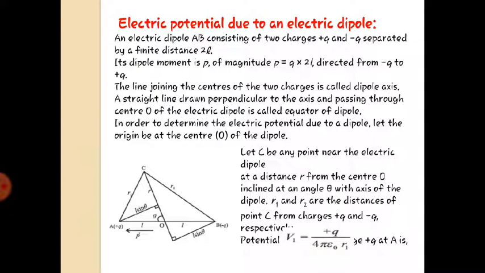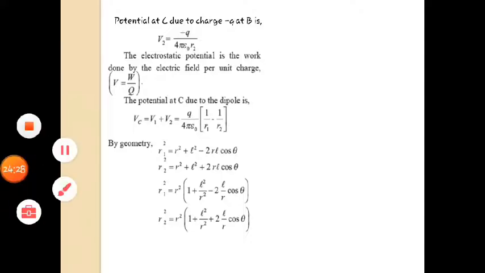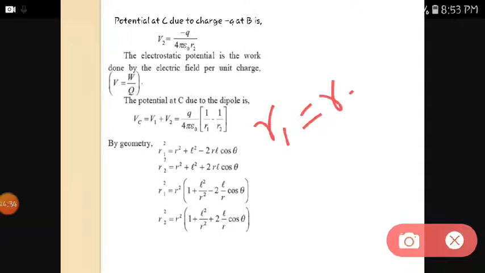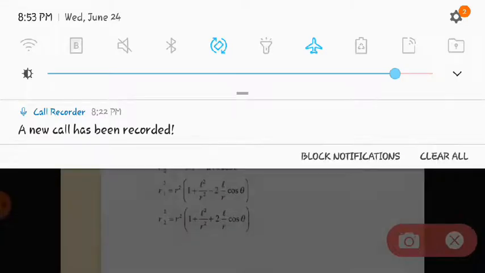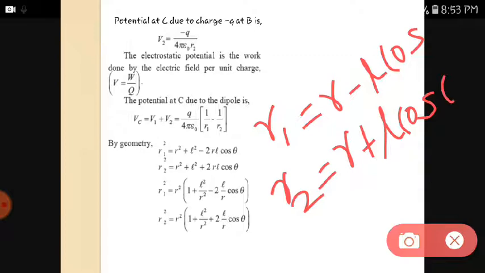Okay, now if you consider this, then you will come to know the exact idea about this. Then what will R be? R1 is nothing but R minus L cos theta, that we have got, right? And R2 we got R plus L cos theta.